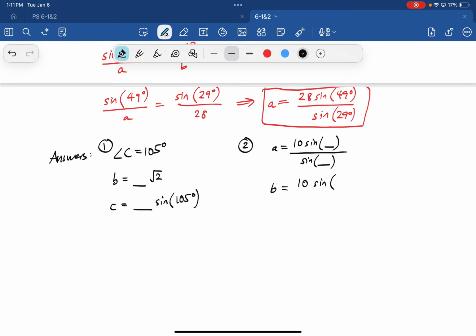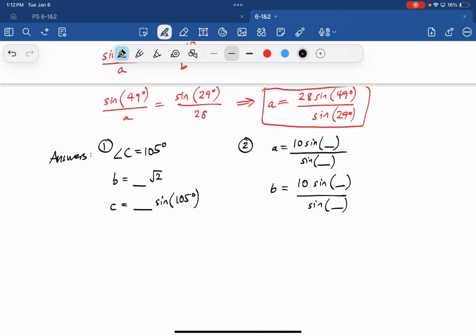Wait, which one did you get last? Wait, B is a 9. You have to solve for a sine 105 like this, if you want to.